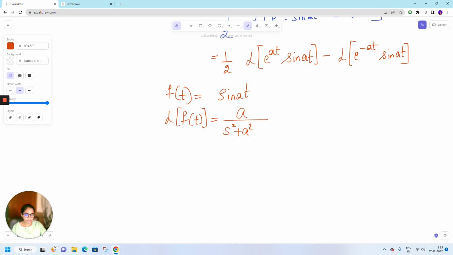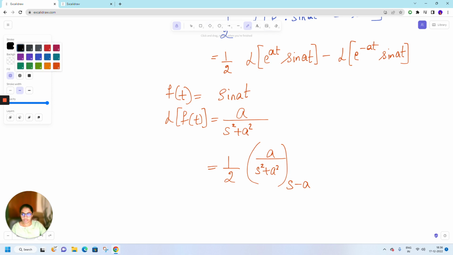What is the next step? The next step is I have to write half, a divided by s square plus a square. In place of s, I am replacing it with s minus a.